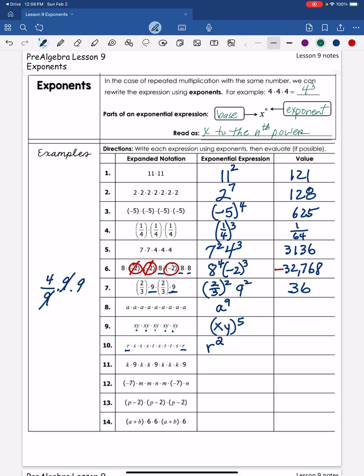If I go with the s, 1, 2, 3, 4, 5, so s to the 5th. And then if I go to the t, 1, 2, 3, t to the 3rd, and that would be my answer. And it would be read r squared, s to the 5th, t cubed.